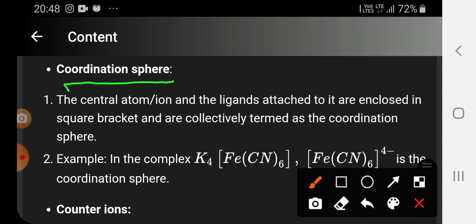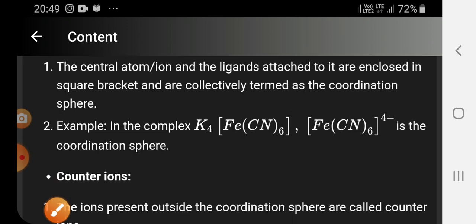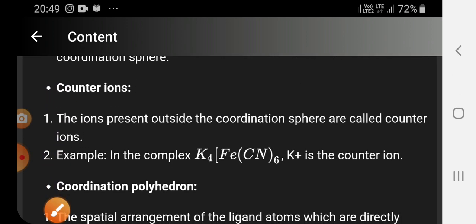So here you can see that this is the coordination sphere, because in this part the central metal atom Fe2+ ion is attached to the electron donating species cyanide ion, in which the carbon atom behaves like a donor atom. So I hope that this point is again simply cleared.